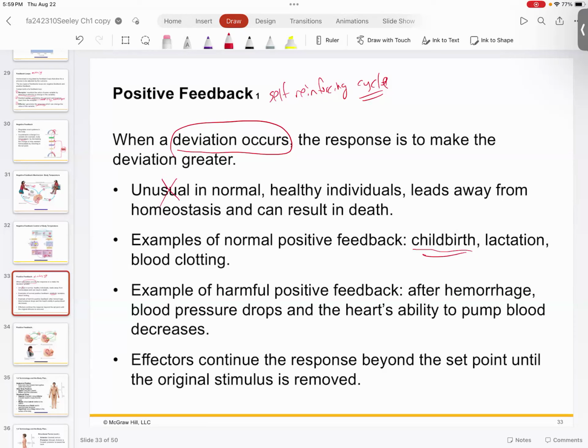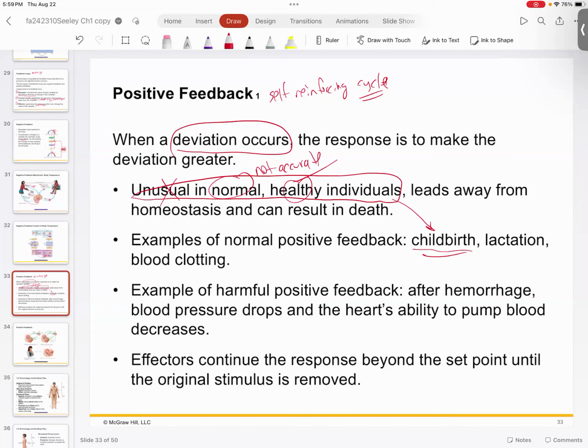And this is the reason why I don't like this phrase here. I don't think this actual phrase right here is accurate. Because the problem is, childbirth will occur normally in healthy individuals.